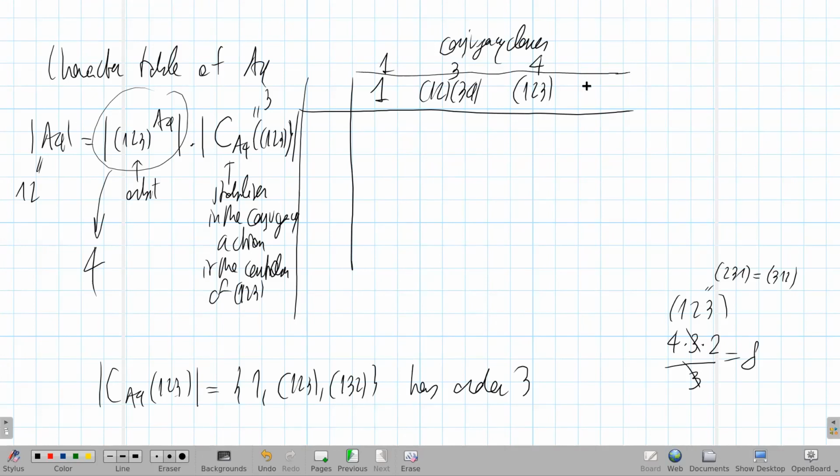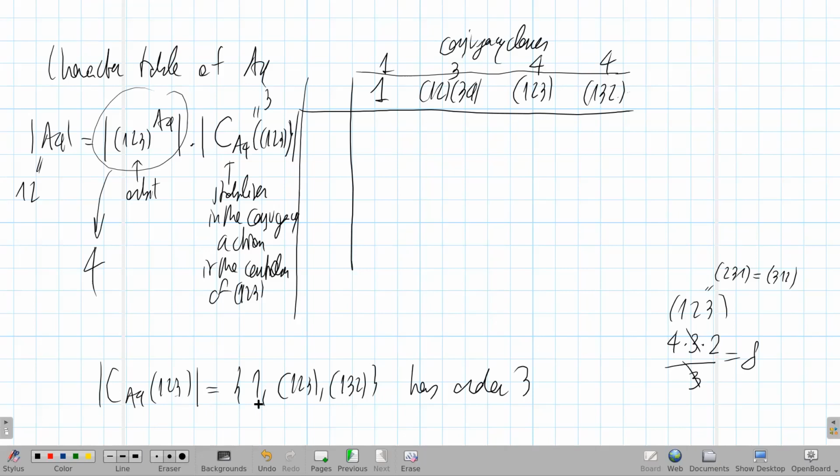And then it's easy to see that there has to be another class, which is the class of (1 3 2). Perhaps you remember from the Teoria dei Gruppi course that the class of an element in S4 splits in two in A4 if and only if the centralizer contains only even elements.